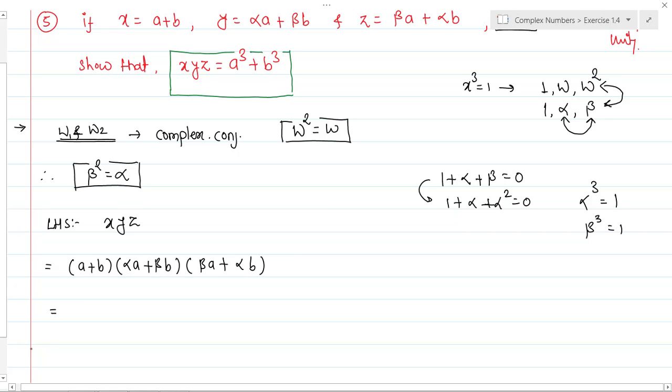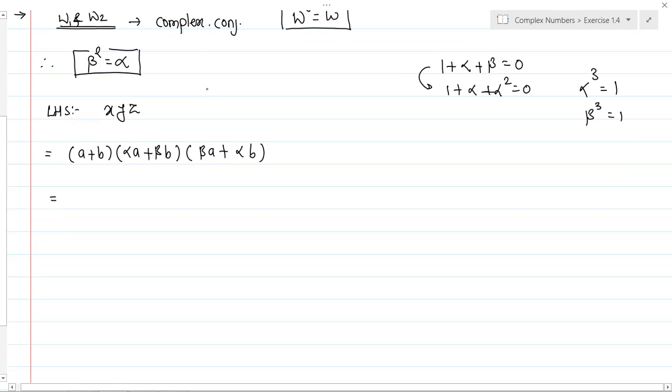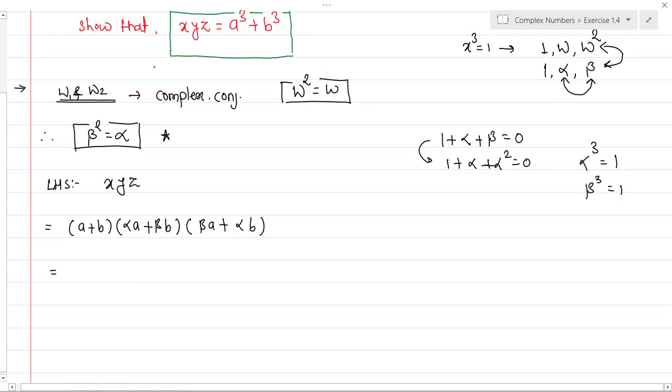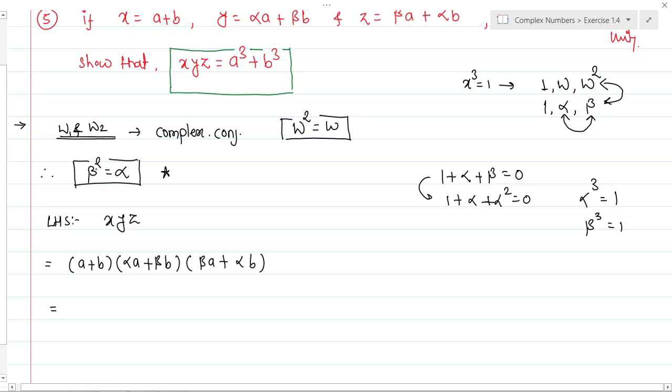Now let's substitute the value of beta. So what is the beta value? It is beta square equals alpha. This value we will substitute. Sorry, that came out reversed. It should be beta equals alpha square.